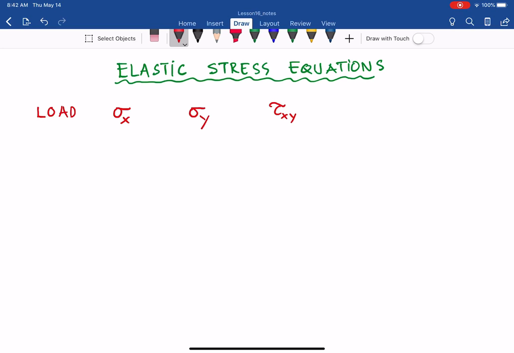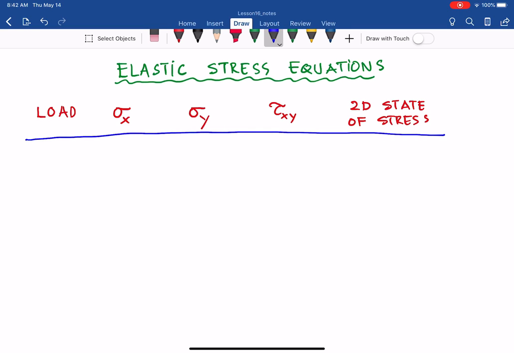And with that, what is the 2D state of stress that we can visualize, the stress at any point given the load applied. So from that one, we have 1, 2, 3, 4, 5 columns.